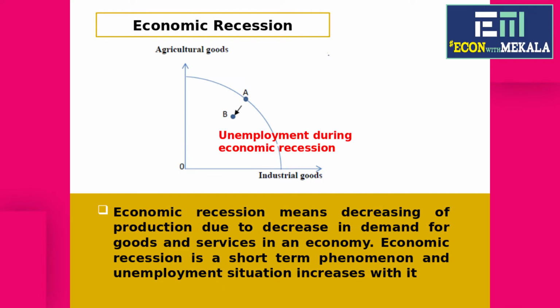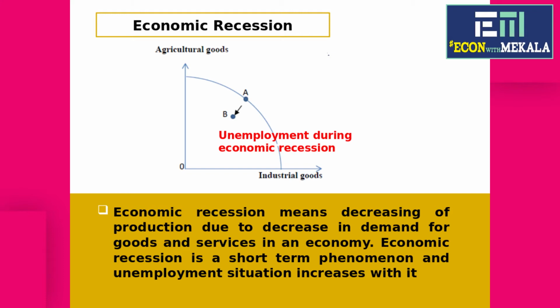Next factor is economic recession. Economic recession is a short-term phenomenon where there will be a decrease of production due to a decrease in demand for goods and services in the economy. During a recession, businesses may cut down labor because they do not have sufficient orders from their customers to produce goods.